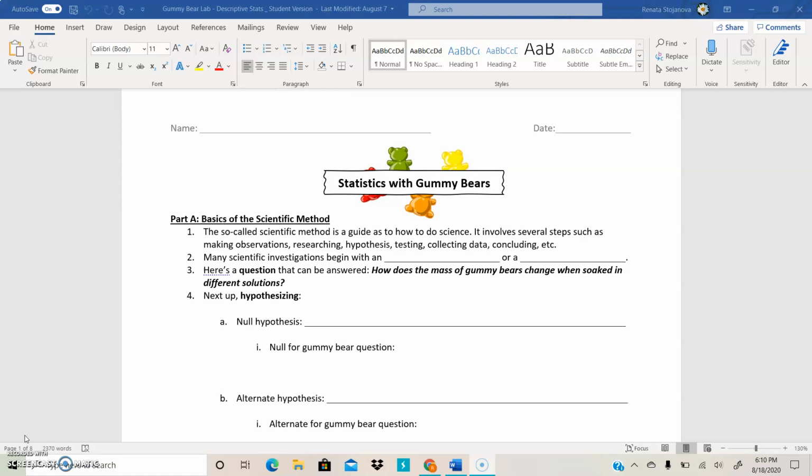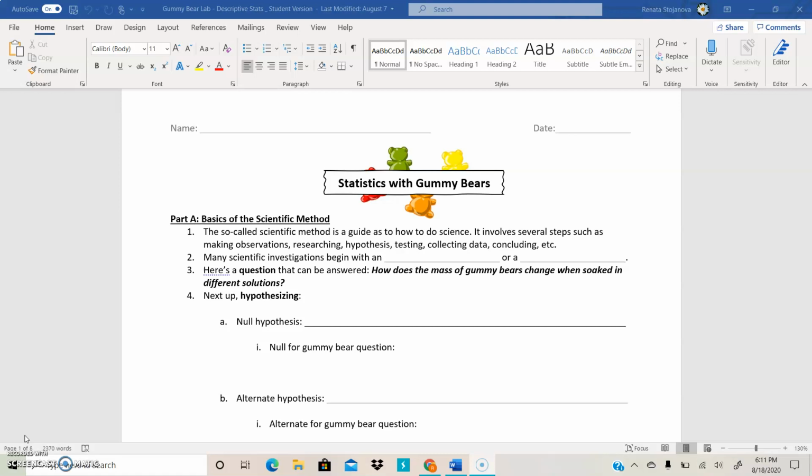It typically does involve steps such as observations, researching, hypothesizing, testing, collecting data, and so much more. But again, those steps do not have to be rigid and they can vary from time to time.